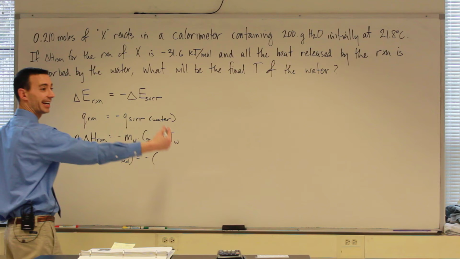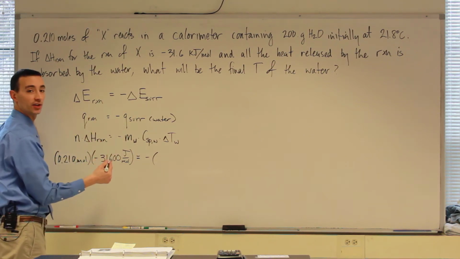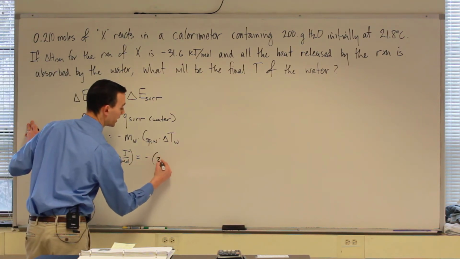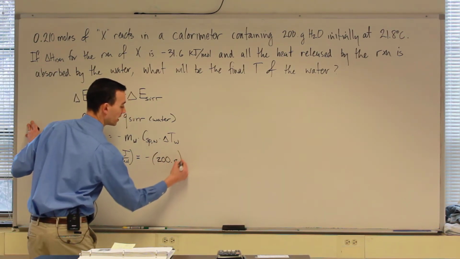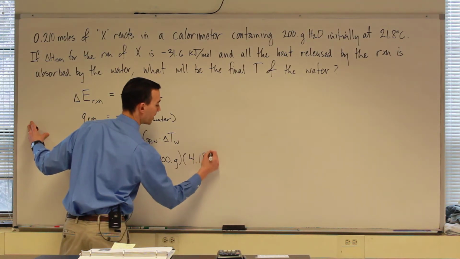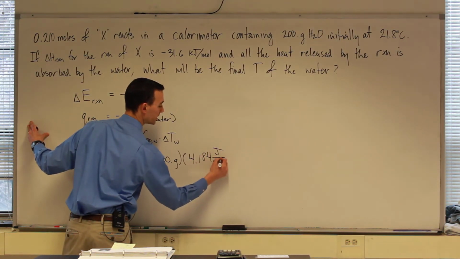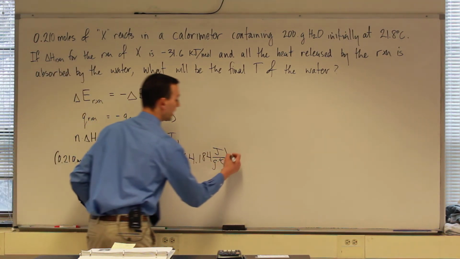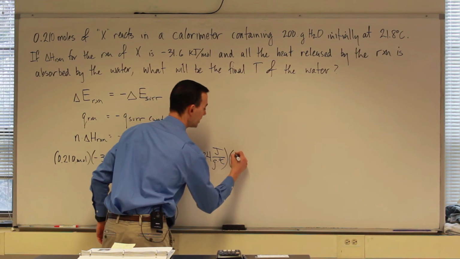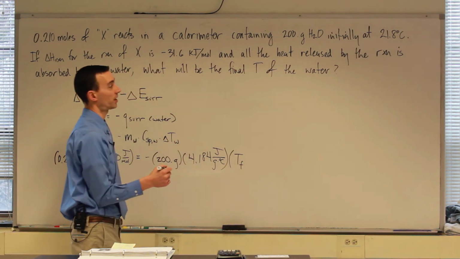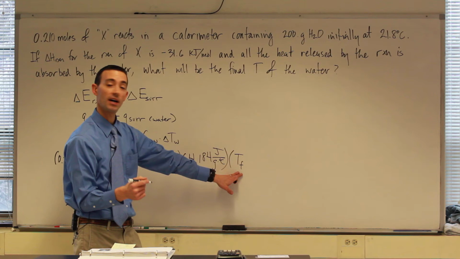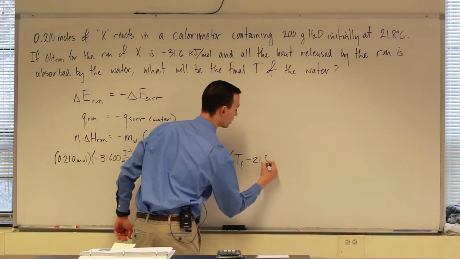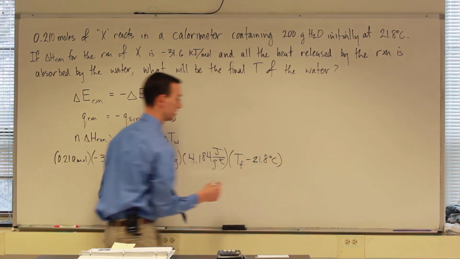And so I have to have that energetic matching between their units, right? Joules and joules, otherwise our scales are off. So we had 200 grams of water, the usual 4.184 joules per gram degree Celsius, and now you can see the joule parts are going to cancel out. And then temperature change. I don't know the final temperature. That's what I'm after here. So I'm going to put in a variable to represent that, T_f minus the initial 21.8 degrees Celsius.